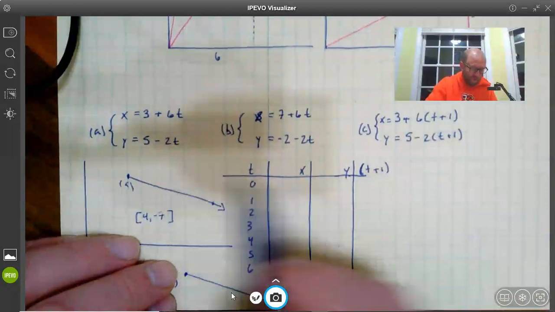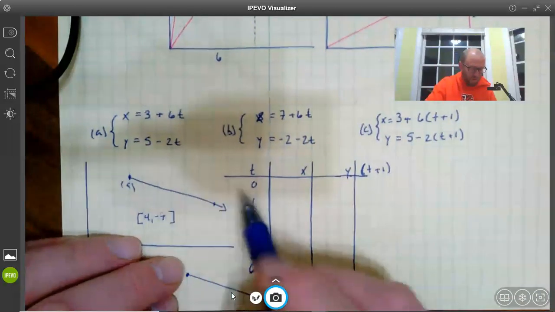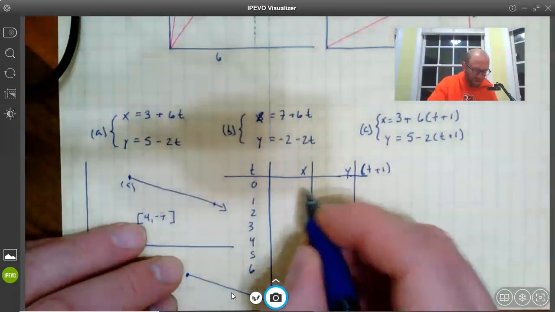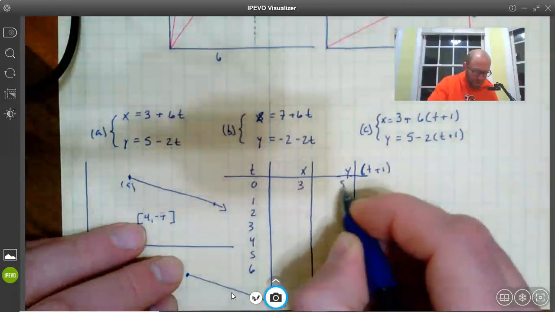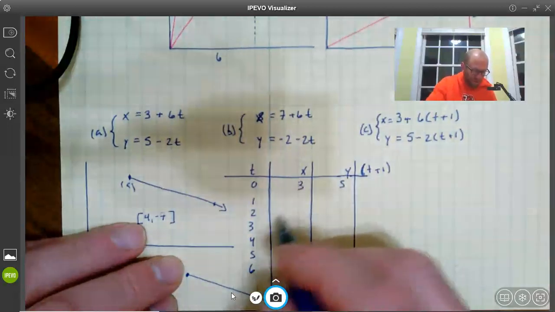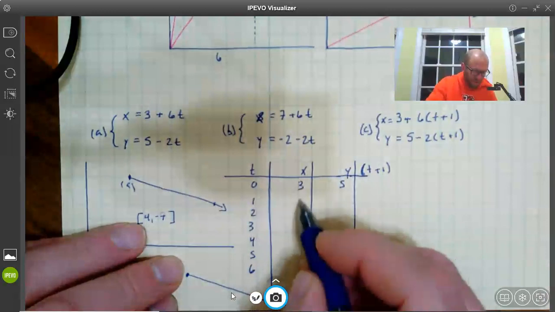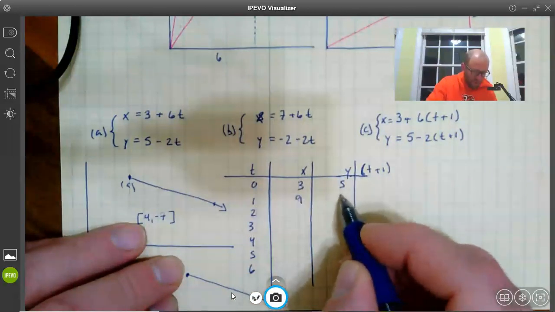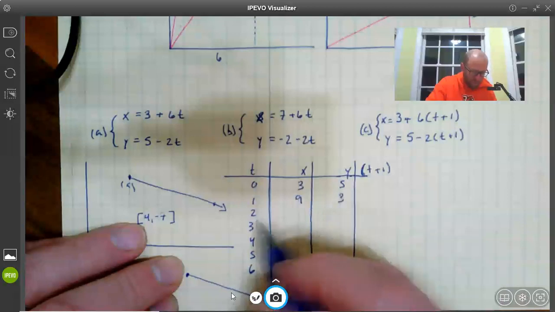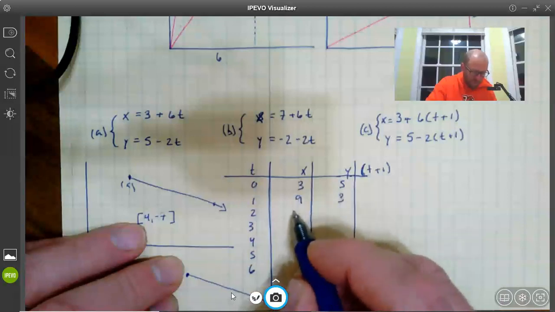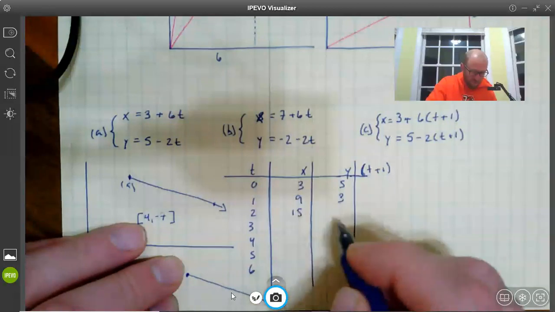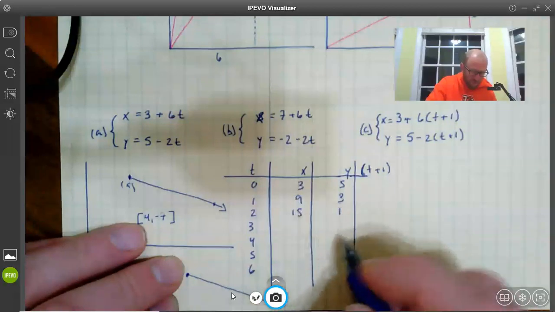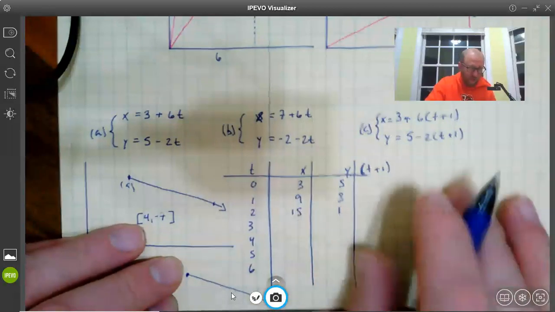For this first one, when t is 0, x is 3 and y is 5, and then that gives us 9 and 3, and then 15 and 1, and we just keep adding 6s.